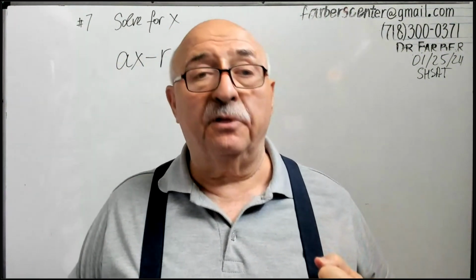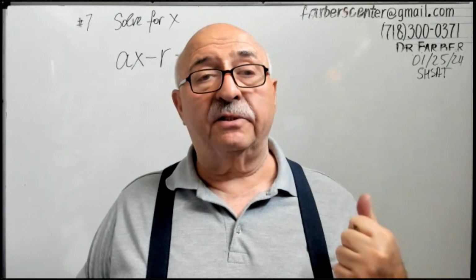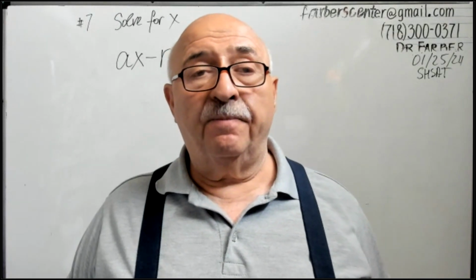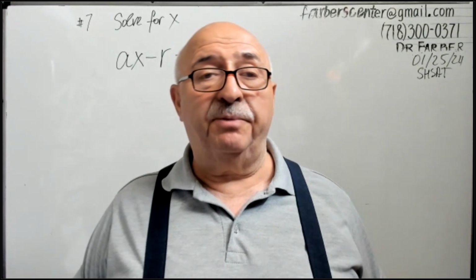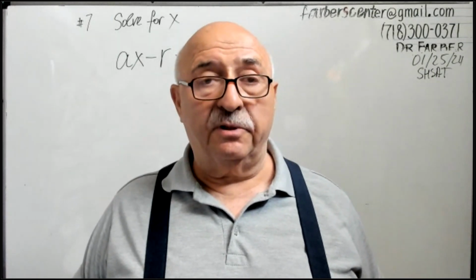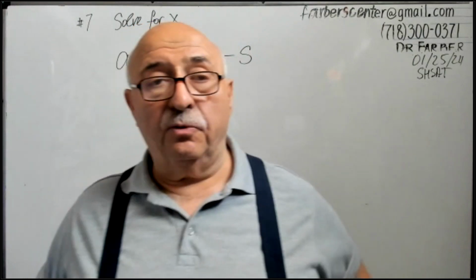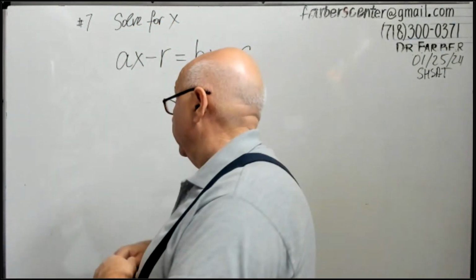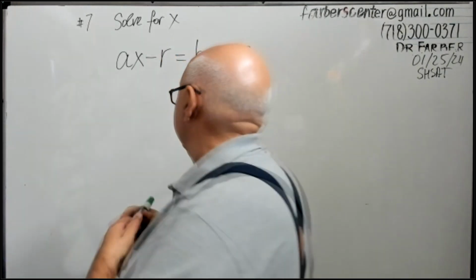X is the dependent variable, and we have to find X. In math, we say find X in terms of A, B, R, whatever we have here. Understand? So do the same way conceptually: separate the variables with X, because our target is X.